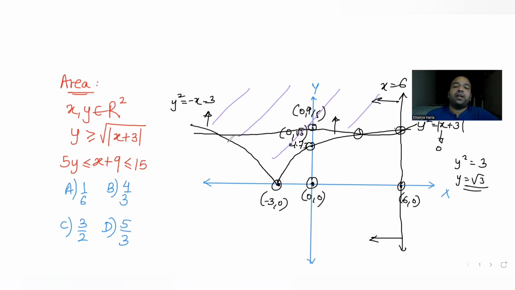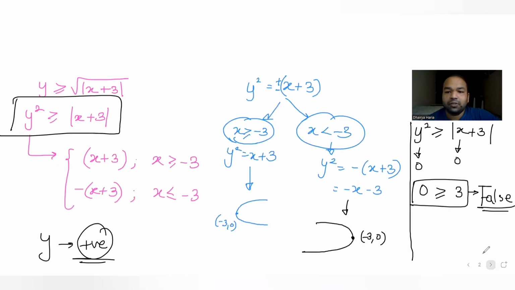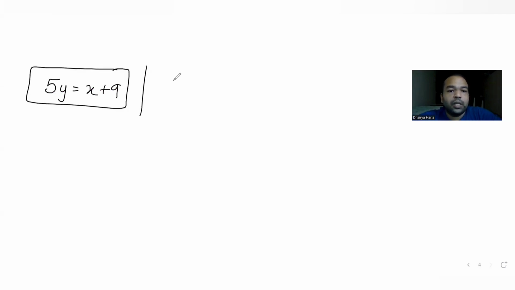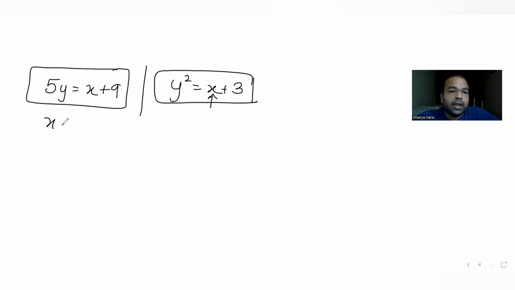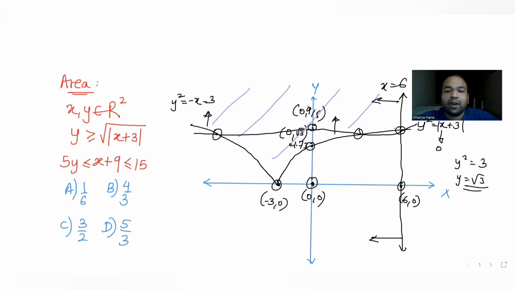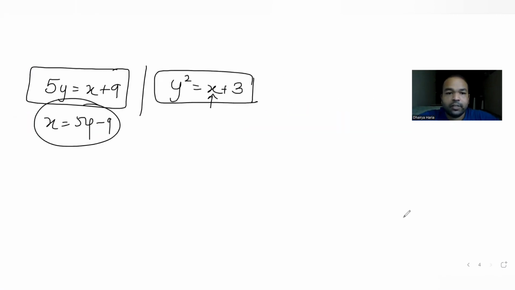Now let's try to find the points of intersection. I was told 5y is equal to x plus 9 was one curve when I took it as equal to, and the other curve told me y square is x plus 3. So x is 5y minus 9. Basically, I'm trying to find the intersection points of the line with the parabola y square equal to x plus 3.